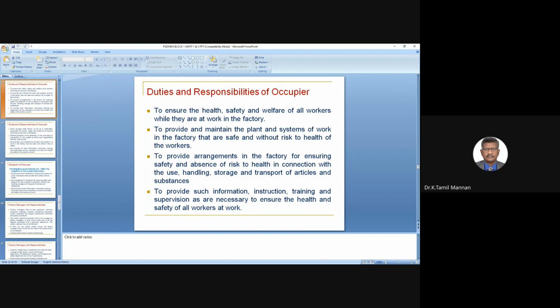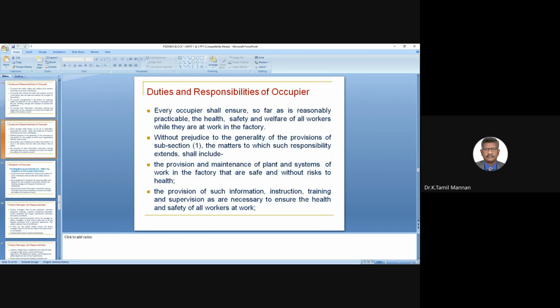Before entering the work field, during the training period itself, they have to provide safety training, safety instruction, and safety information to all workers to ensure their health.